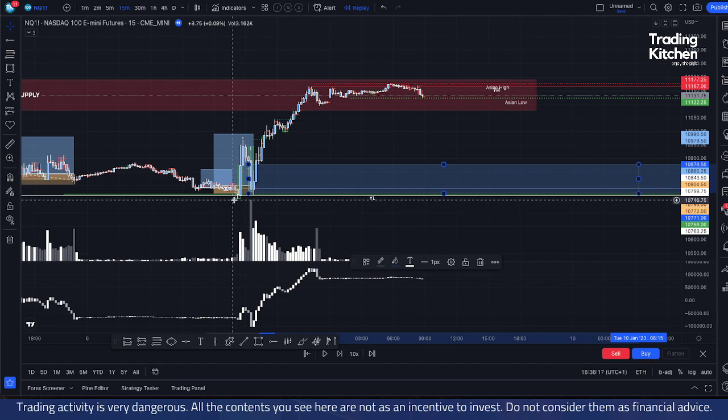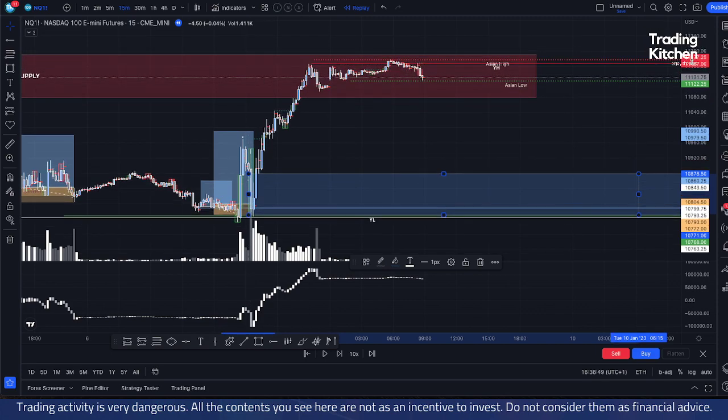Okay, I don't do this because of the risk to reward, the take profit would be too far, and I don't want to stay overnight. This is one of my rules. On very few occasions I stayed overnight, but I try to exit all my trades before turning my PC off.